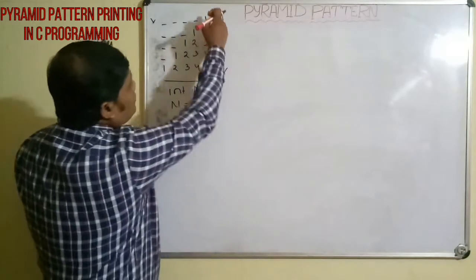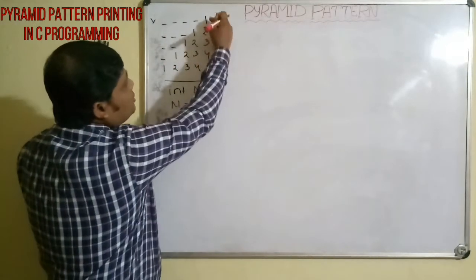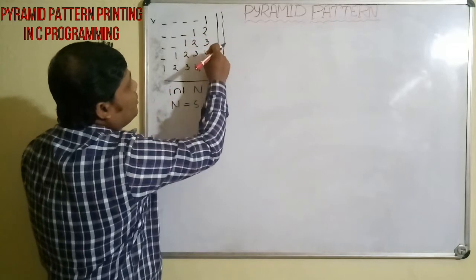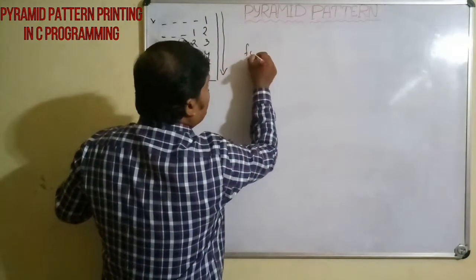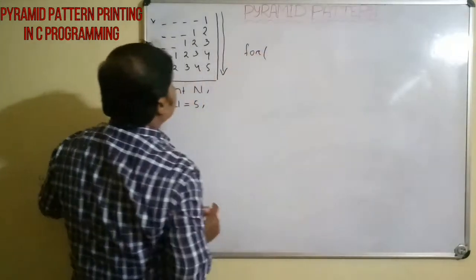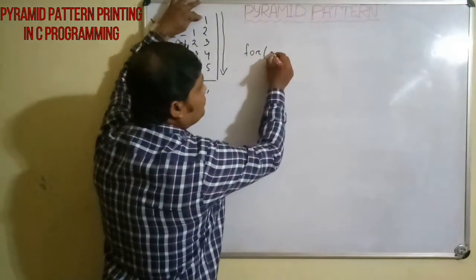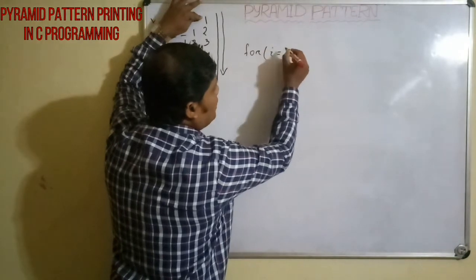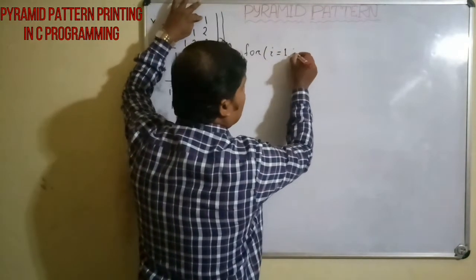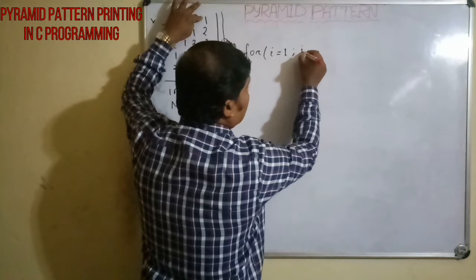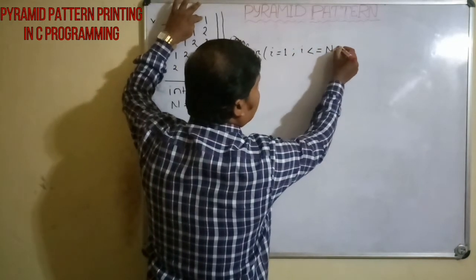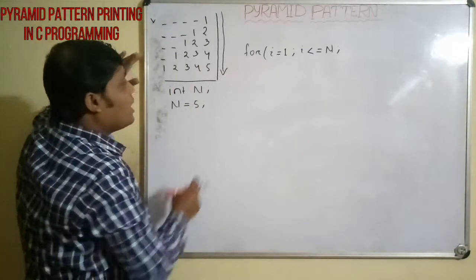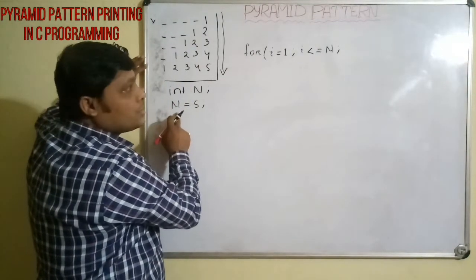Just see, in the previous logic, this is 1, 2, 3, 4, 5. Clear? So the line loop will be like this: I equal to 1, then I less than equal to N. Clear? As there are N number of lines.